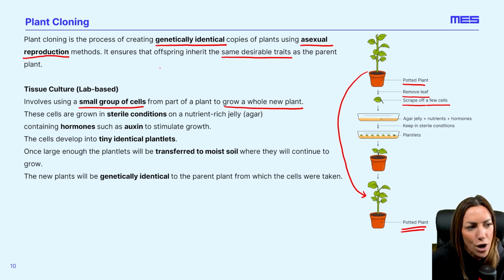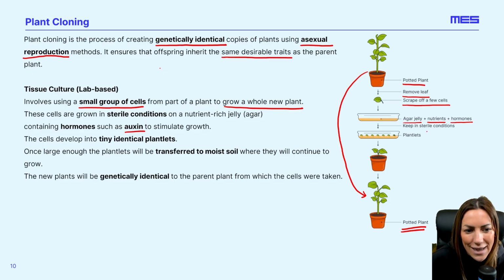The cells are grown in sterile conditions in a nutrient-rich jelly called agar. Agar jelly is basically a growth medium. It provides the cells with all the nutrients they need, and you can add hormones to the agar jelly, such as auxin, which is a plant hormone you should know, to stimulate growth.